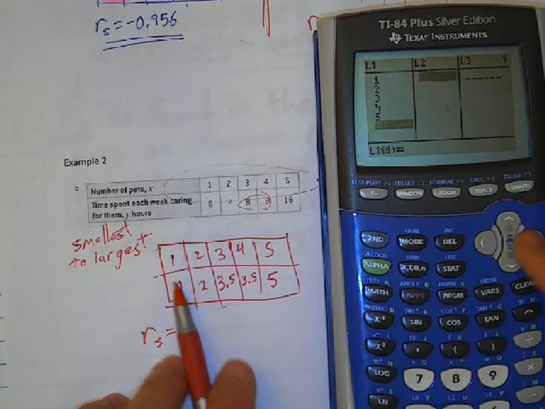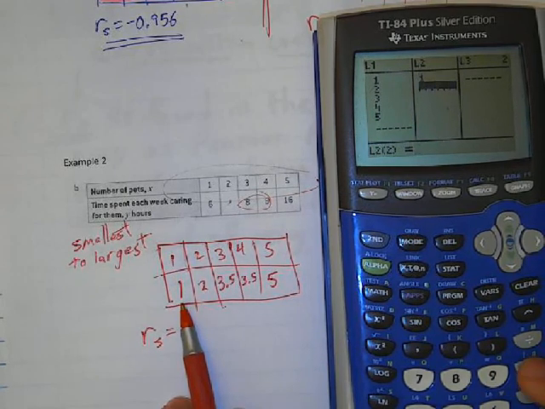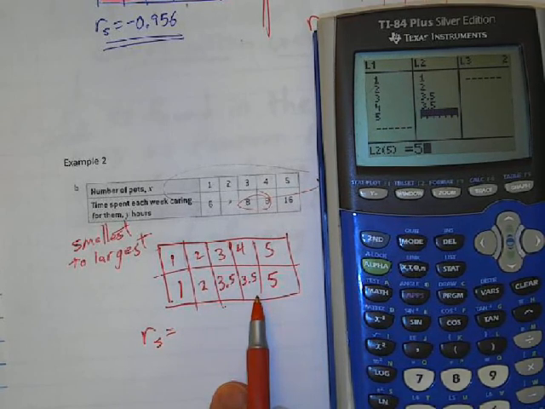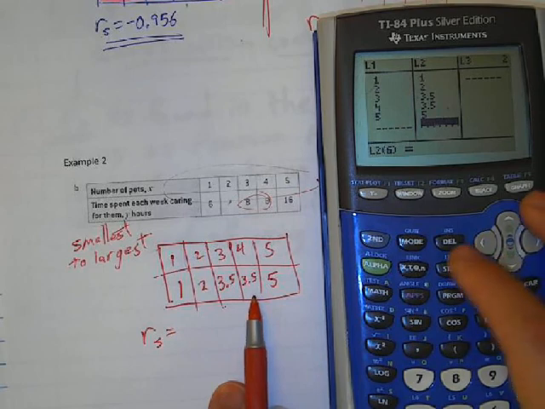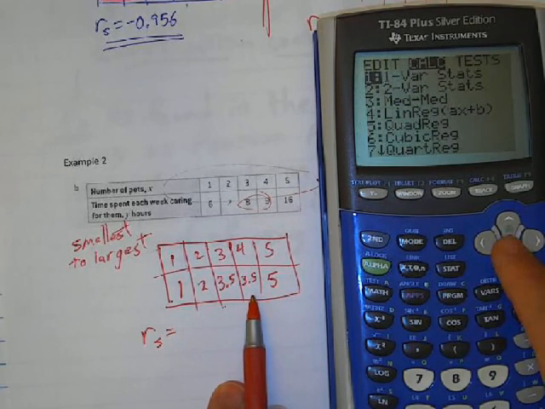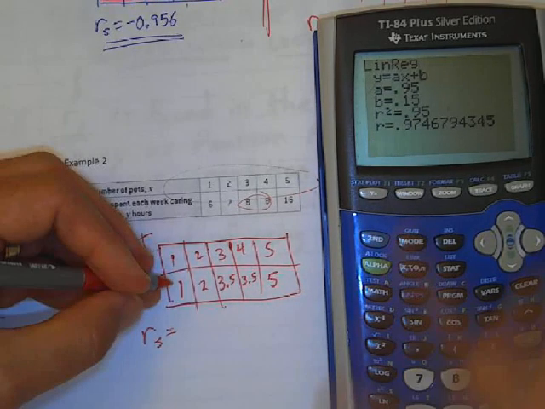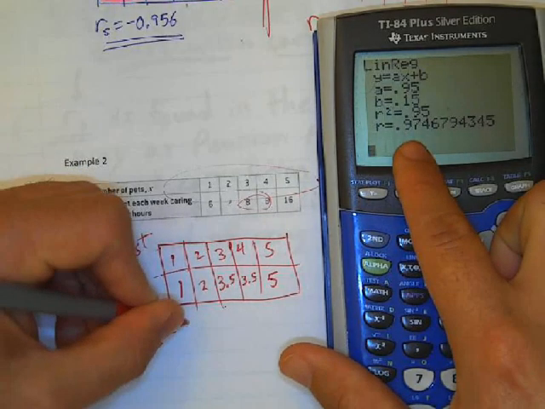And then I go over here, I'm going to do 1, 2, 3.5, 3.5, 5. Then I hit stat, arrow over to calc, arrow down to linear regression, enter, and I get our Spearman is 0.975.